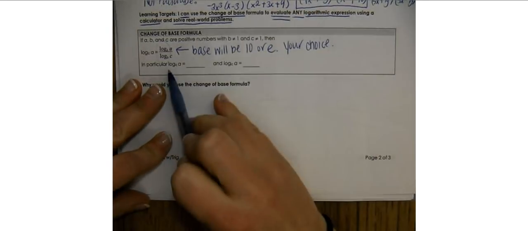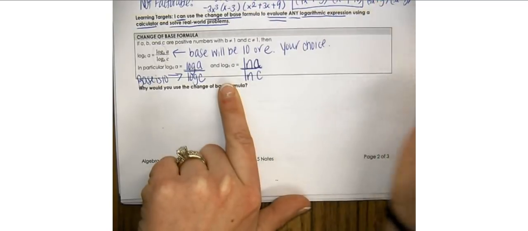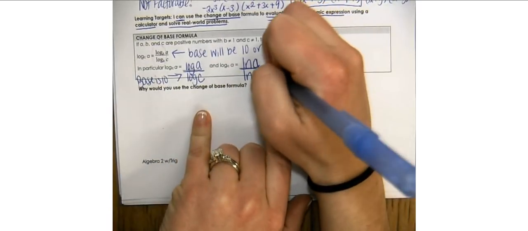If you have log base c of a, you can take the log of a and divide it by the log of c, and in this case the base is 10, or log base c of a is equal to the natural log of a divided by the natural log of c. In this case, the base is e.